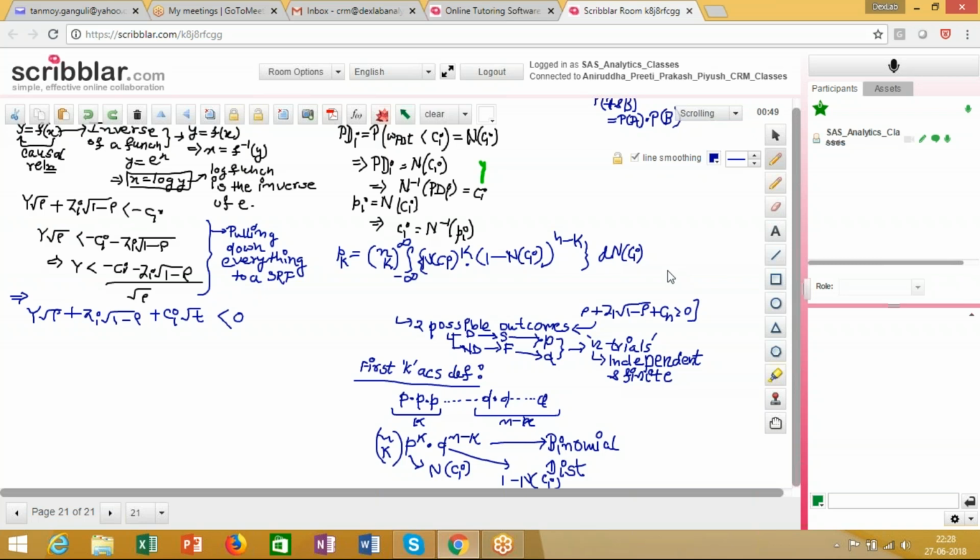Right. Now the question that comes out over here is the following. I know that Ci is nothing but the N inverse of the probability to default. So what we need to do is write this Ci as a function of these factors which comprise the Ci.